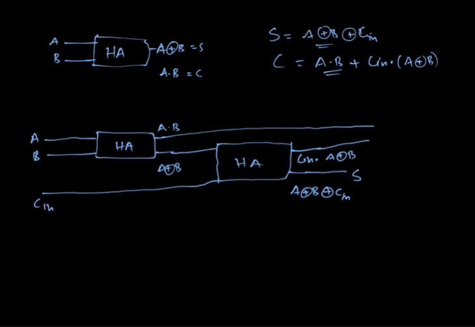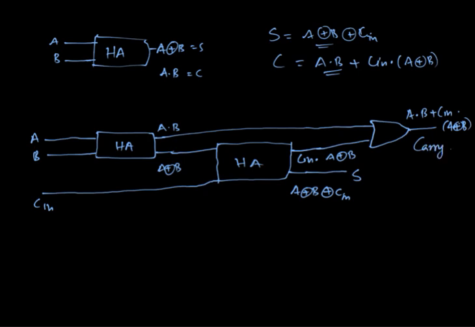Now the carry actually consists of A and B OR C in and A XOR B. So one output, the first output of the first half adder, is A and B, and one output of the second half adder is C in and A exclusive OR B. So using an OR operation of these two outputs, this output will be A and B ORed with C in and A exclusive OR B. So that is the carry.